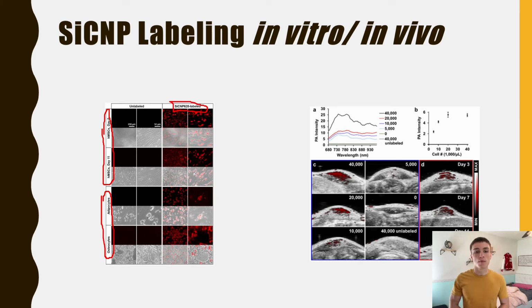In the right figure, they tracked the 620 micromolar silicon carbide nanoparticle suspension in a mouse. So this is done in vivo. And they used photoacoustic imaging at varying cell concentrations to characterize the images. These labels represent the injection concentrations in cells per microliter, and the photoacoustic intensity of the injected silicon carbide nanoparticles was measured at a wavelength of 770 nanometers.